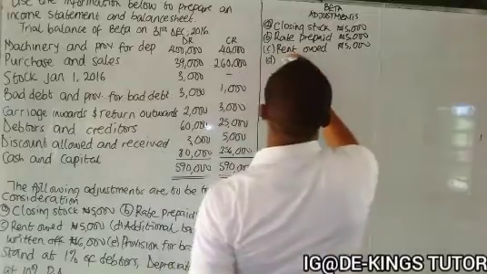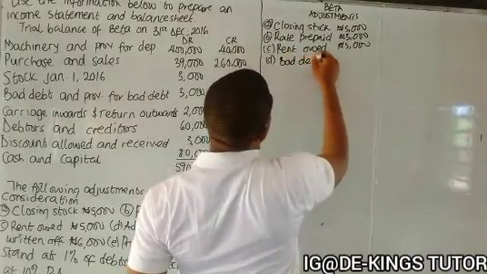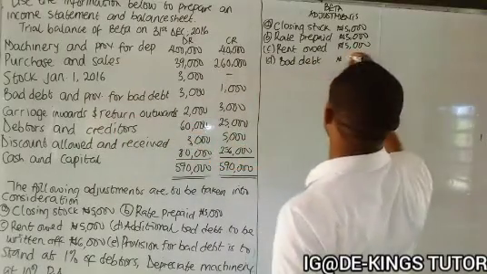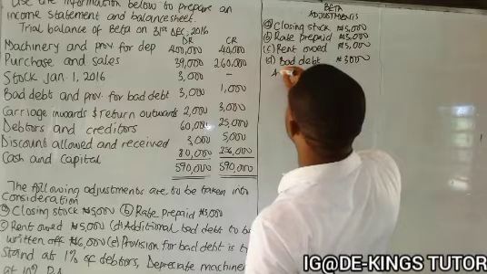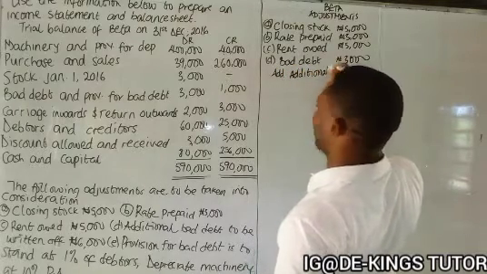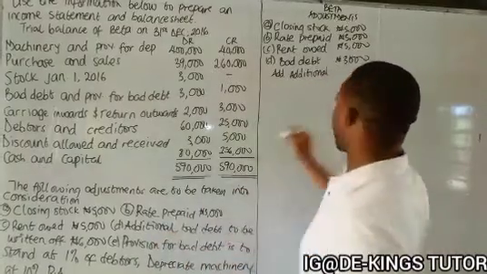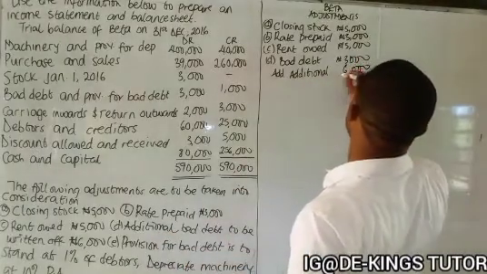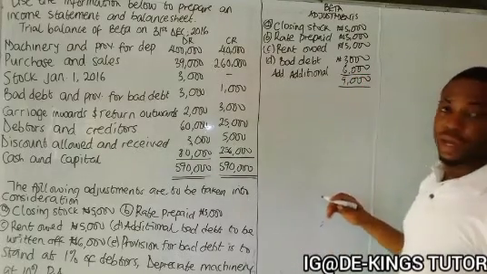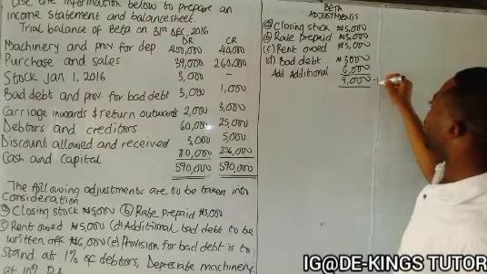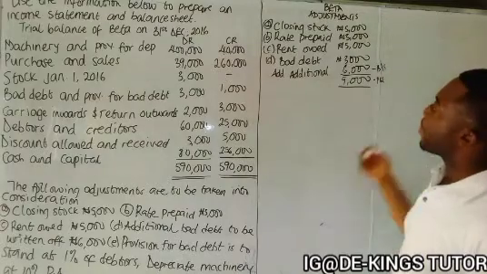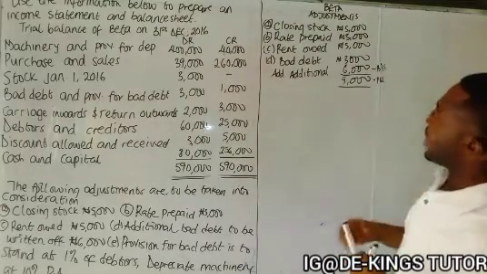So we're going to have our bad debt amount of 3,000, add the additional bad debt of 6,000, giving us 9,000 as our bad debt figure. This 9,000 is what will go to the profit or loss, the income statement, while the 6,000 will go to the balance sheet. So that's for D.